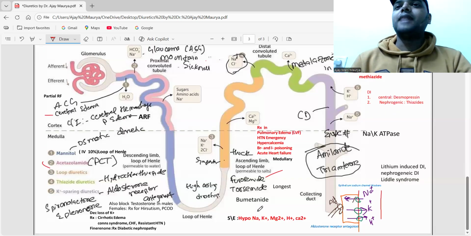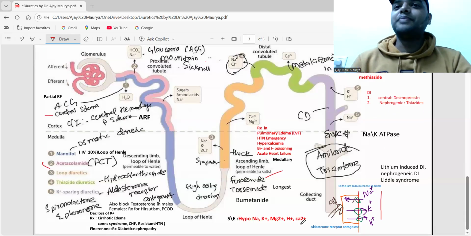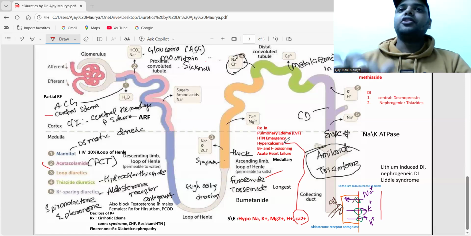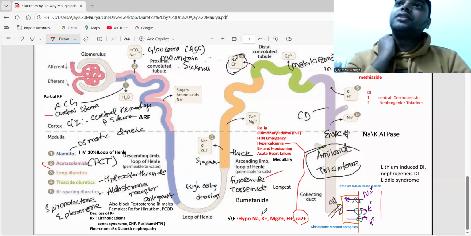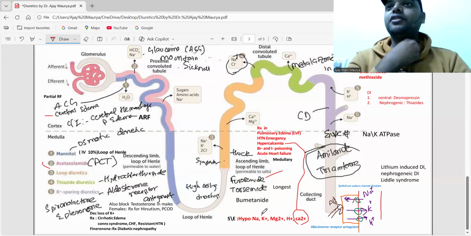That's why it is used in the treatment of what? Treatment of hypercalcemia. If there is hypercalcemia, then you can use the diuretics. It causes hypokalemia, that's why we can use it in the treatment of hyperkalemia also. In hyperkalemia, you can use the loop diuretics.